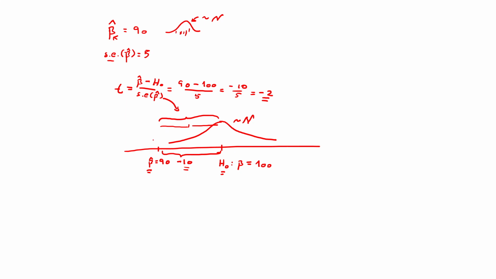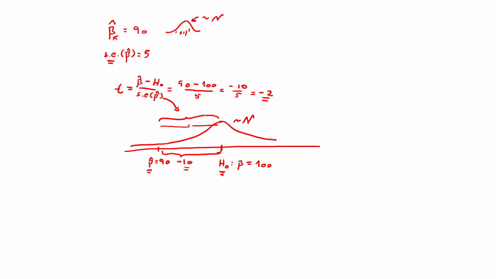And the benefit of this is that now we can calculate the p-value, which is the probability of getting something more extreme just at random, given that the sample distribution is centered at the null hypothesis and that the standard error is actually correct.